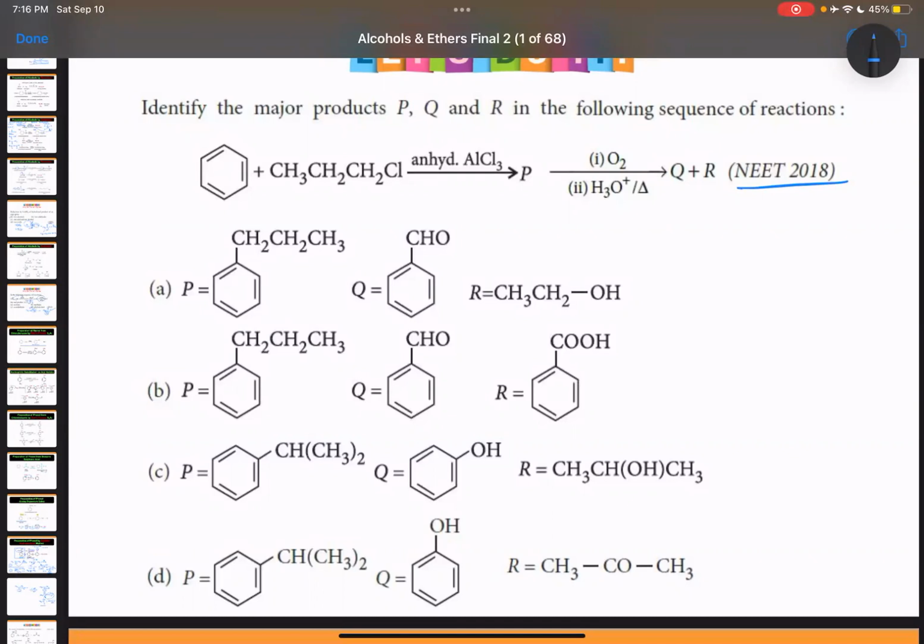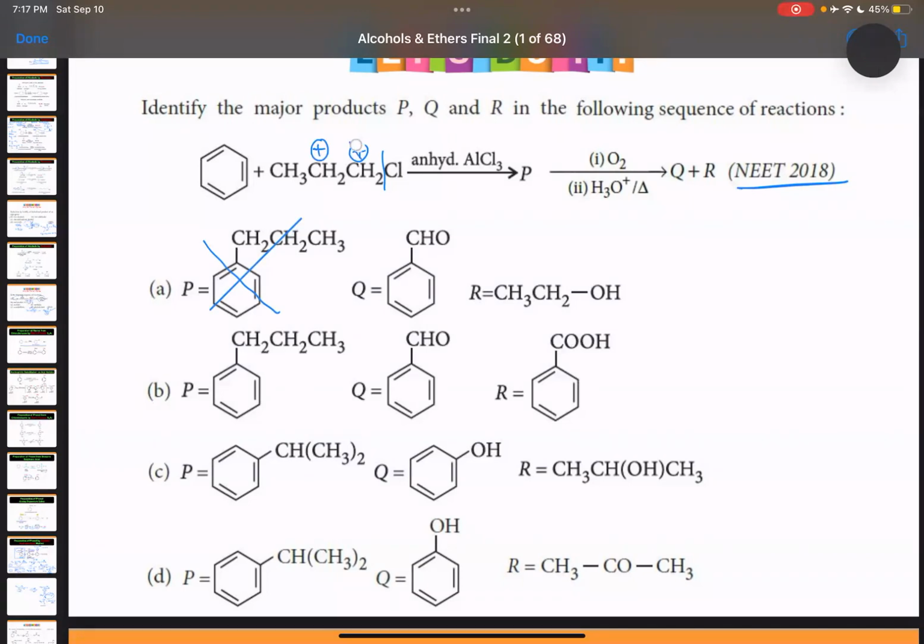Yeah, so what's going to be the answer to this problem? Option D, yeah. Okay. The cation is going to form here, but you are not going to put the cation as it is on the benzene, because the cation will get shifted.